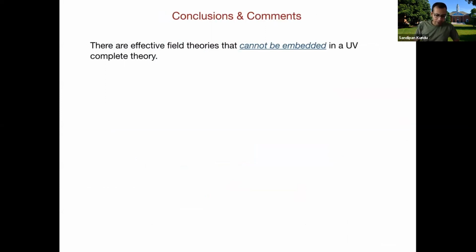Let me now summarize the things that I really want you to take away from this talk. The first thing, the most important point, is that there are effective field theories that cannot be embedded in a UV complete theory. This is a sharp departure from the traditional understanding of Wilsonian effective field theory, and it is something that we have known for the last 20 years or so.